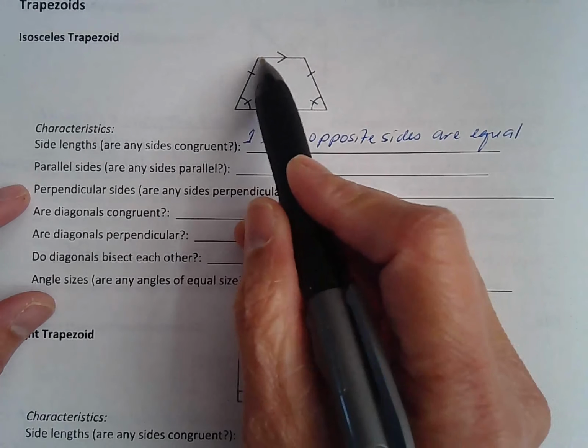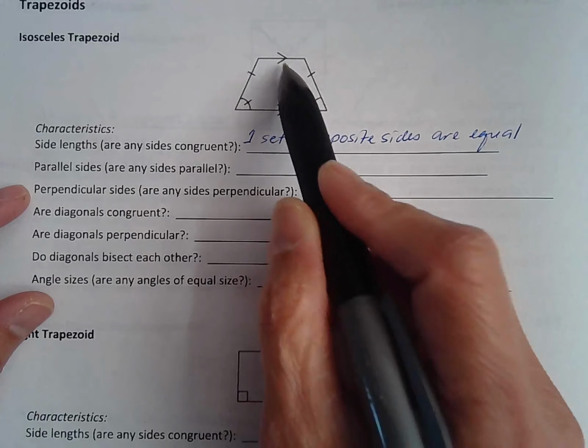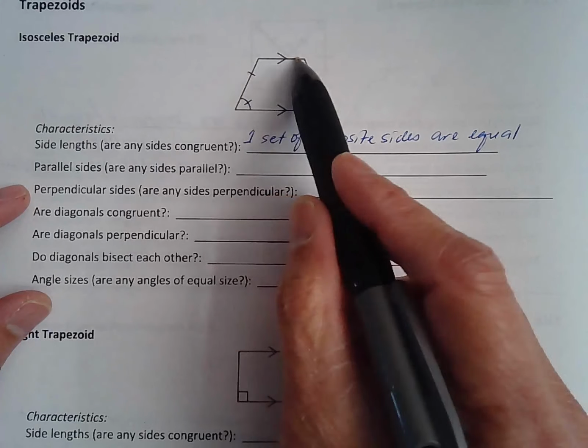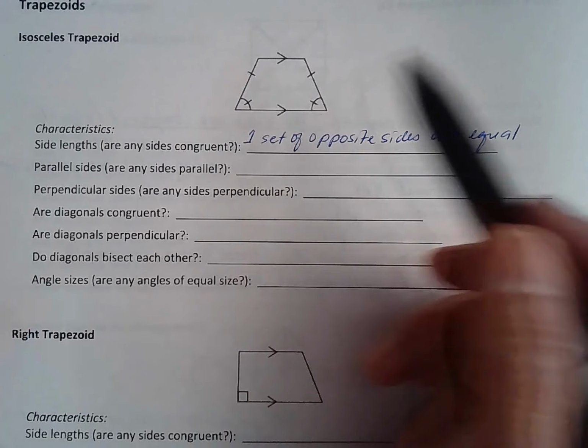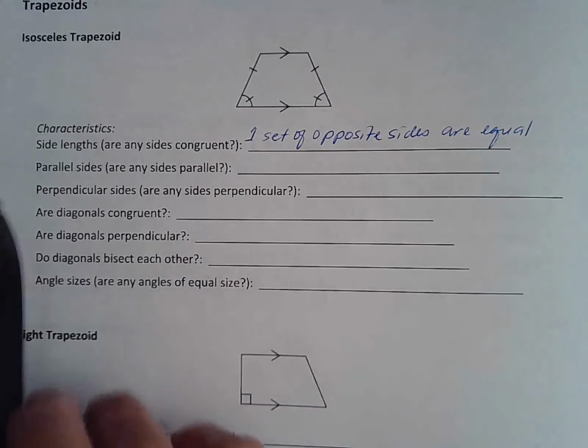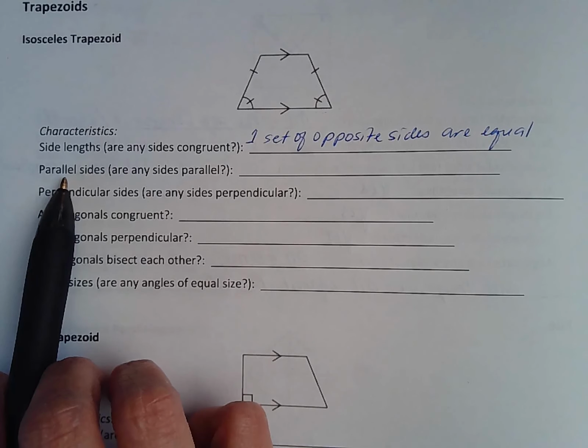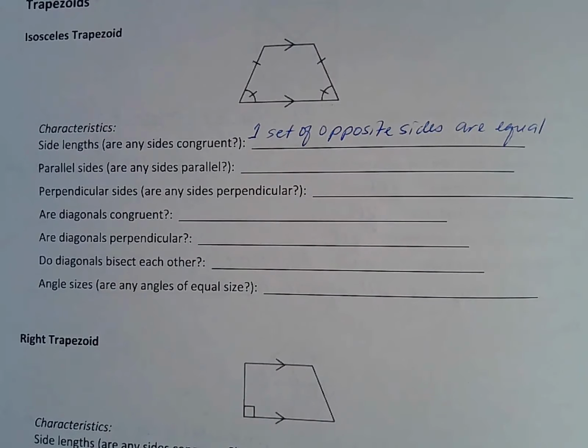Are these two sides equal? This looks really obvious, because this top part is shorter than the other, so they're not equal. What about parallel sides? Which ones do you think are parallel?